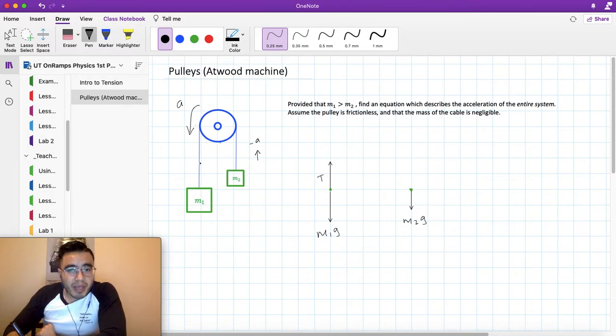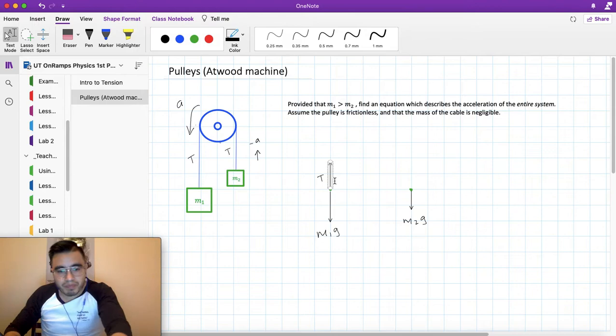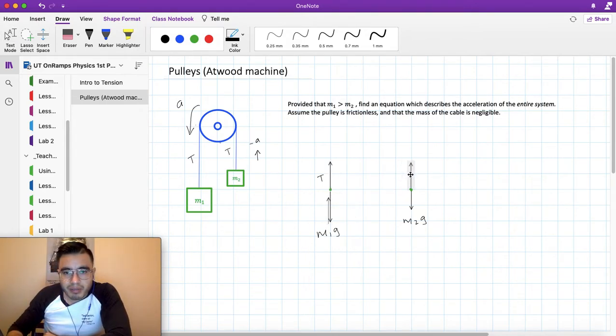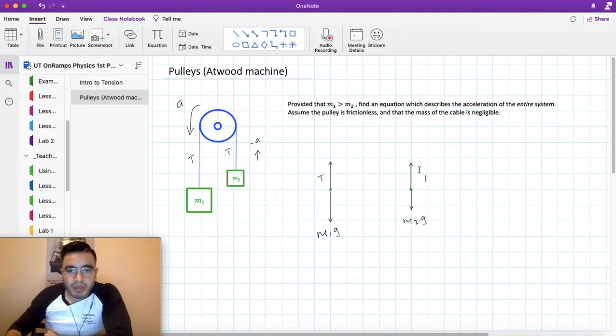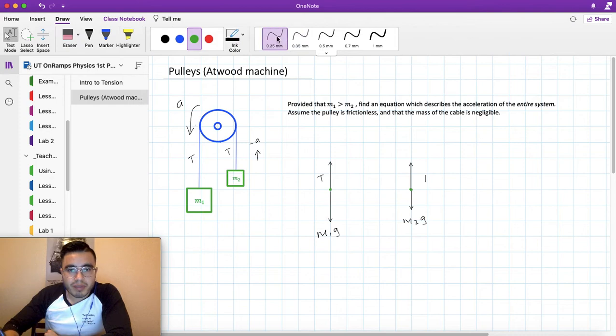Since it's the same cable, these two tensions are going to be the same. So I can just copy this vector, place it over here against the weight of mass 2, and we'll label this as tension T. There we go, we're done.